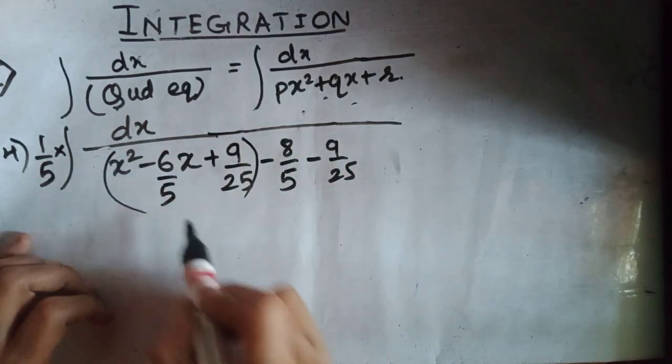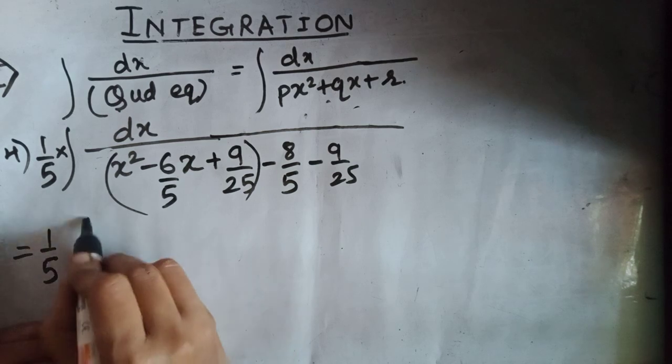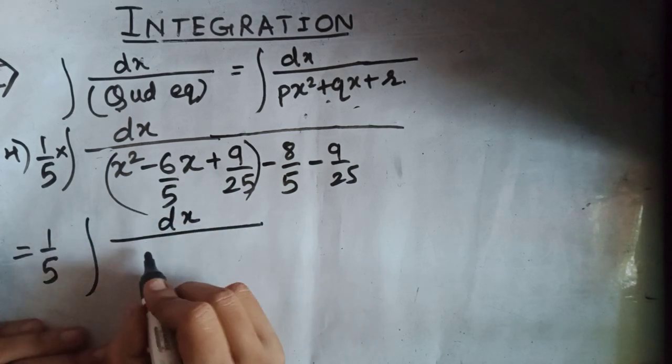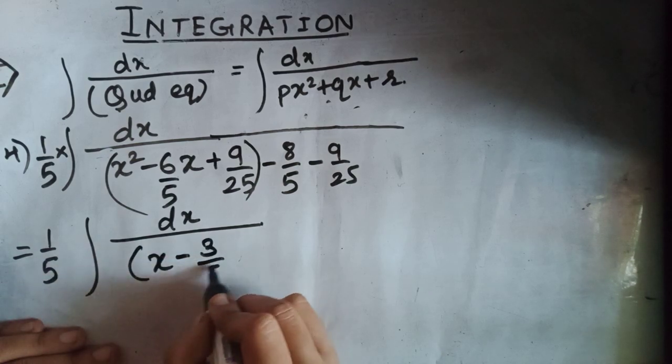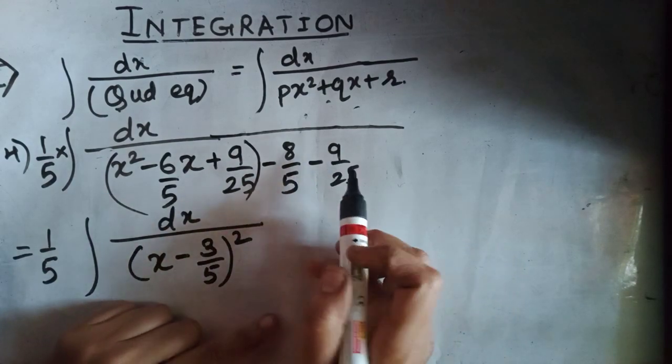So this is your a plus b the whole square. 1 by 5 is a constant term, you can take it outside. So dx upon x minus 3 by 5 the whole square, and for this you have to do cross multiplication.